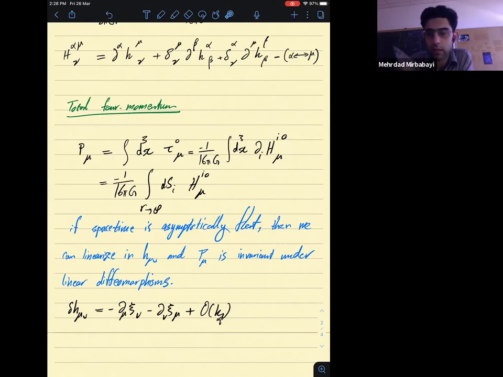So if it's invariant on the infinitesimal transformations, then it is invariant. You might worry about the additional term here, which is of order h times xi. Like for instance, this includes something like xi alpha d alpha h mu nu, right? The usual transformation of a function that is defined on the space.